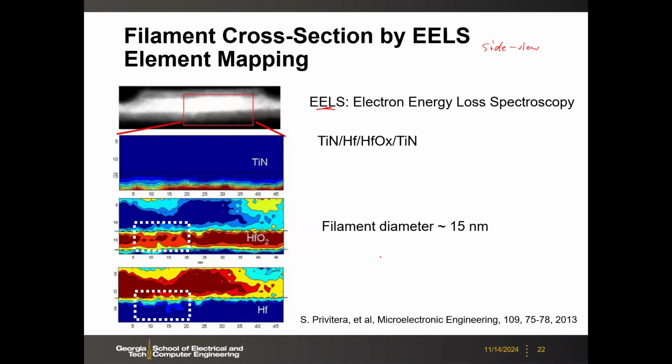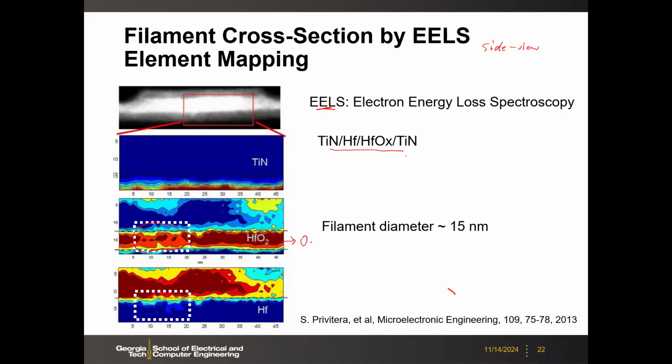So this will look at the oxygen concentration. Here it's a little bit hard to read, but anyway, this is the MX stack. So what they found is locally in this region, this is within the hafnium oxide region, the redness here represents the concentration of the oxygen.